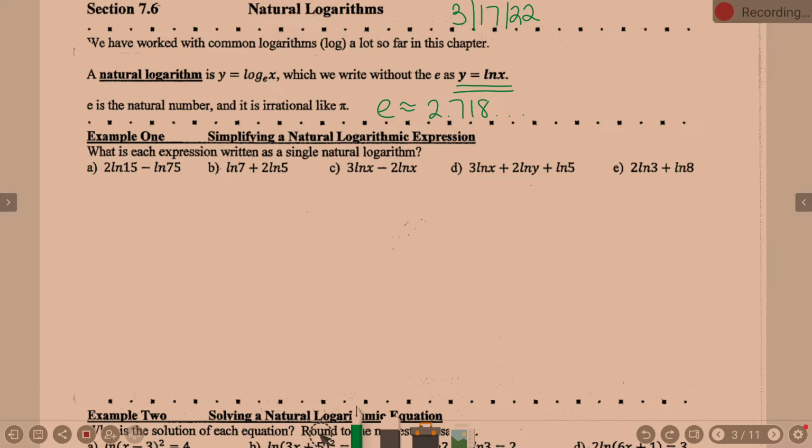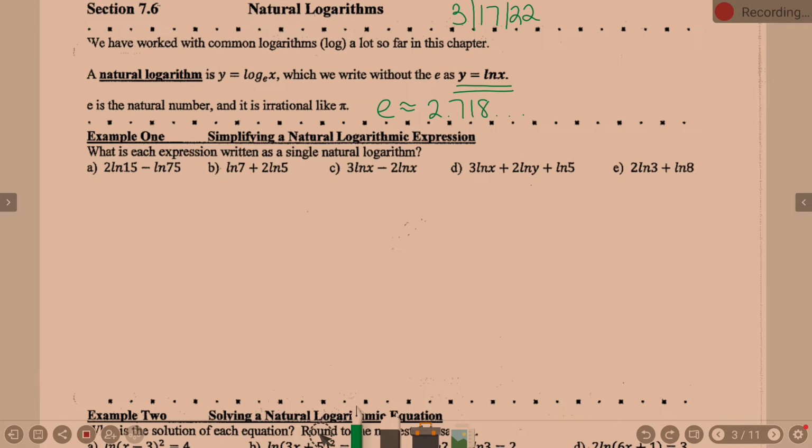What is each expression written as a single natural logarithm? We did this back in lesson 7.4 using regular logs, yes? We had to take multiple logs and put them together as one log. So this is our properties from 7.4. So, thoughts on how to rewrite 2 natural log of 15 minus natural log of 75?